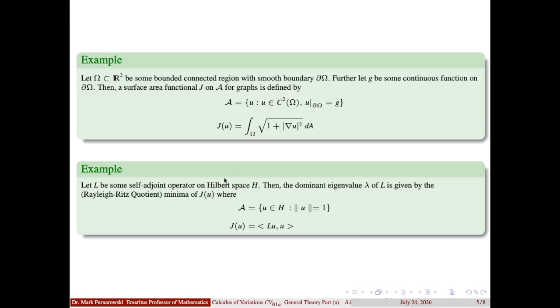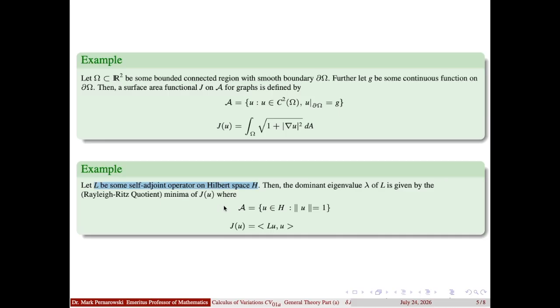You can get more abstract. I put one in here, which is actually practical. If L is any self-adjoint operator on a Hilbert space, you have this statement here. The dominant eigenvalue of L is given by the Rayleigh-Ritz quotient. If you've never seen that before, you can look that up.